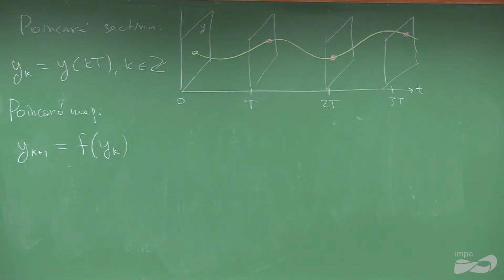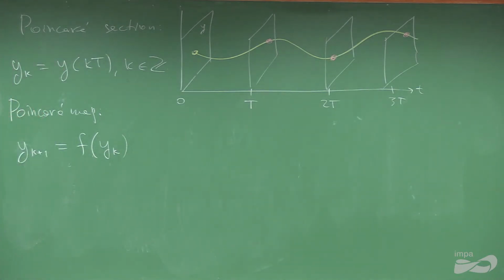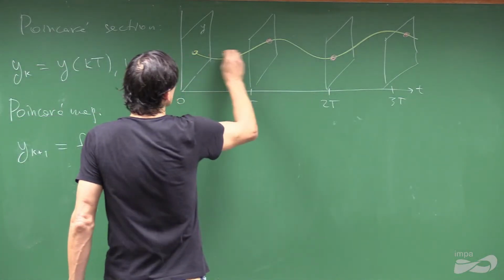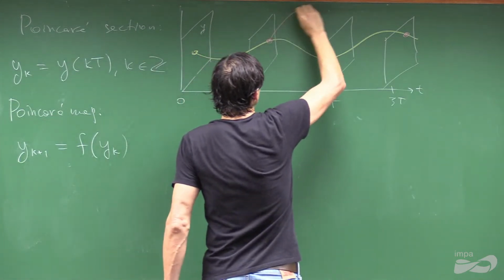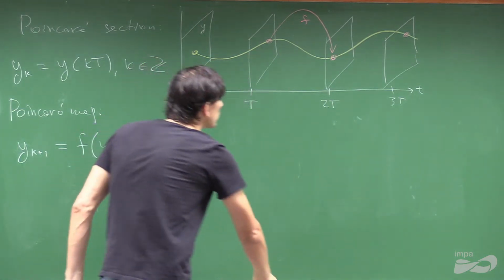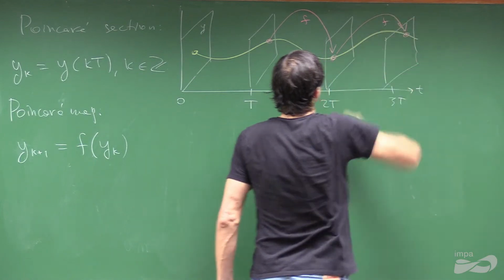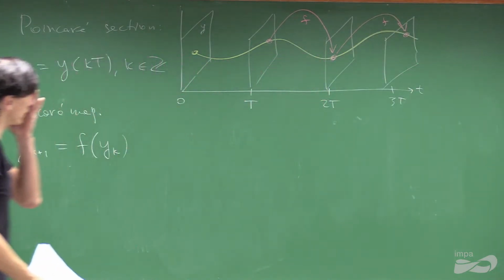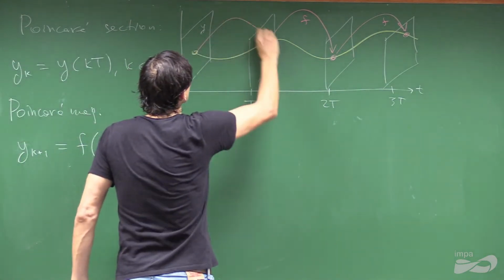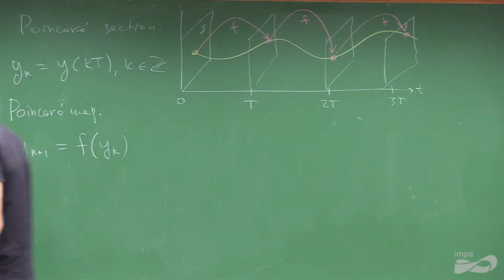So it's always the same map. It's just the same map that maps initial to final points.